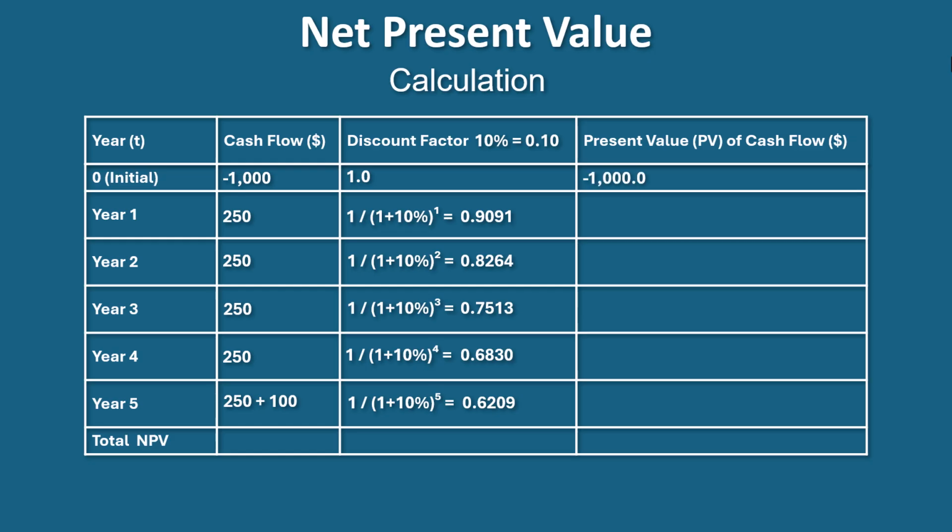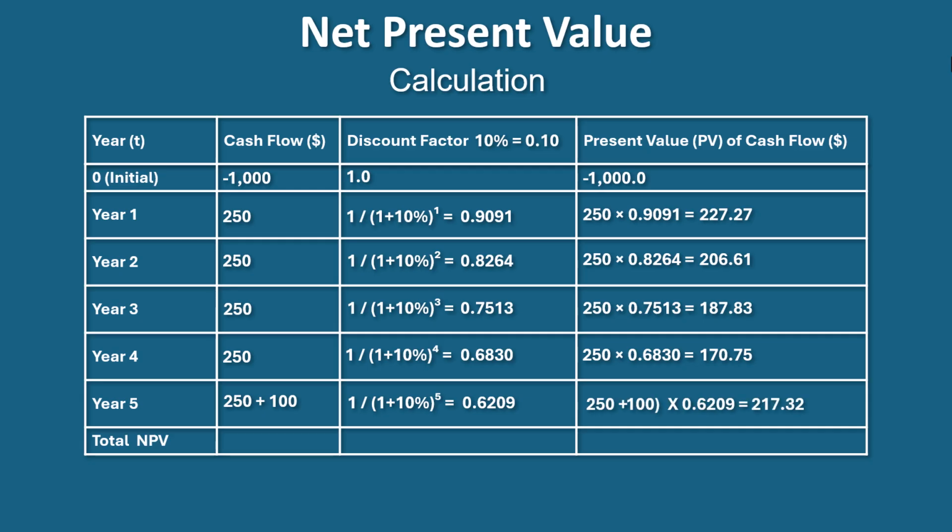Now, let's calculate the present value for each year's cash flow. Year 1, $250 multiplied by 0.9091 equals approximately $227.27. Year 2, $250 multiplied by 0.8264 equals approximately $206.61. And so on until the last year. Now we sum all these present values.